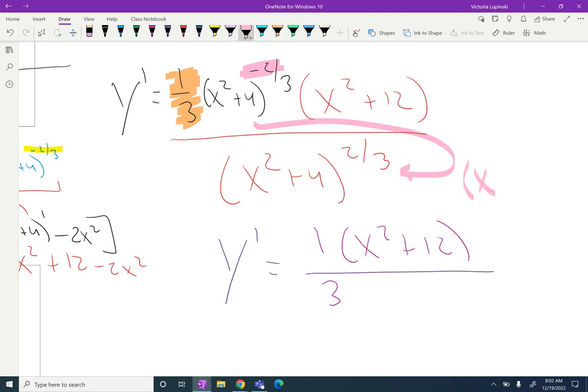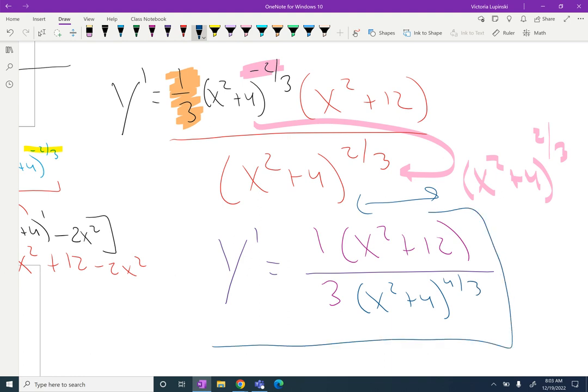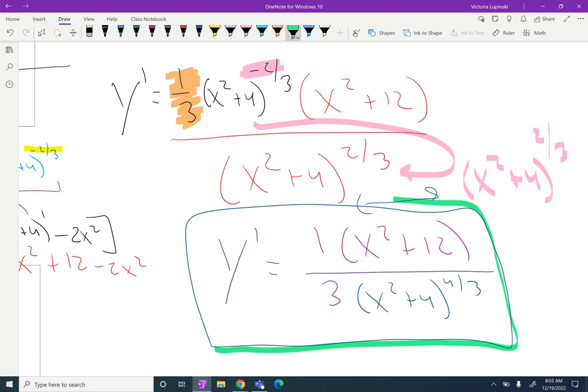When you move it to the bottom, it becomes x squared plus 4 to the 2/3 on the bottom. Tell me something about both of these bottoms. They're the same. So how many x squared plus 4s do I really have on the bottom? 2/3 plus 2/3 is 4/3. So that is my final answer: x squared plus 12 on the top, 3 times x squared plus 4 to the 4/3 on the bottom.